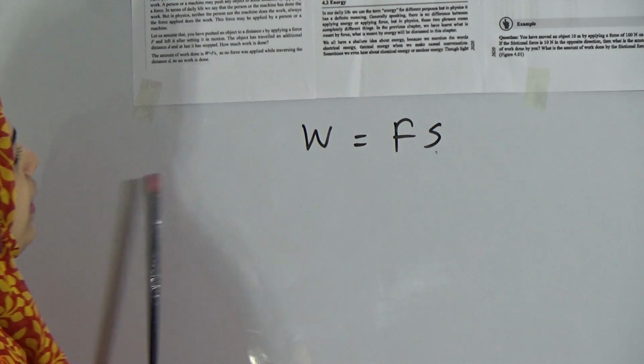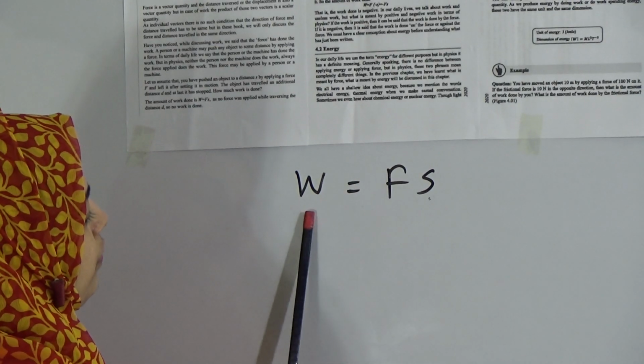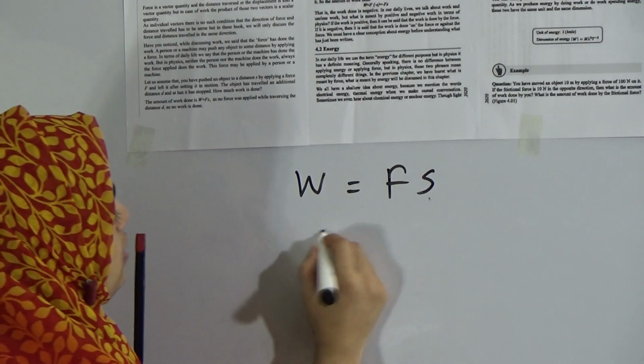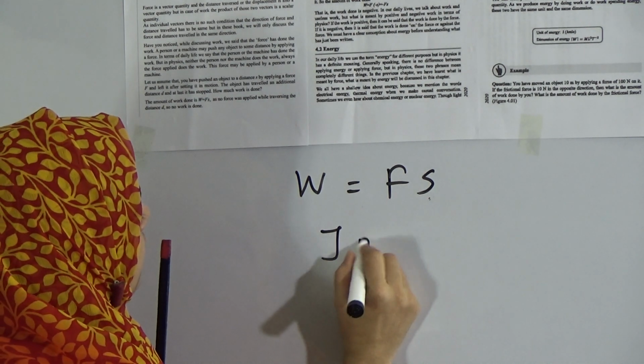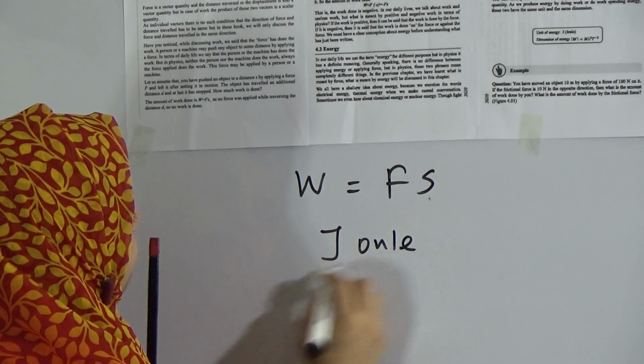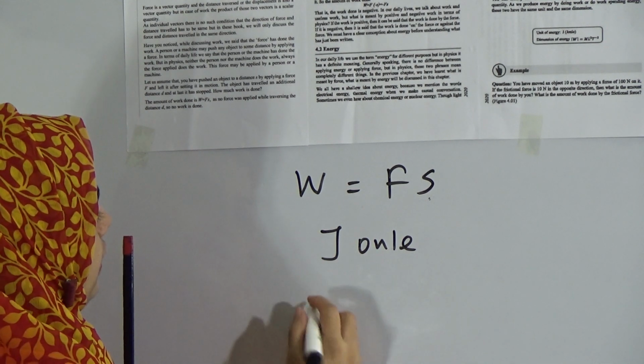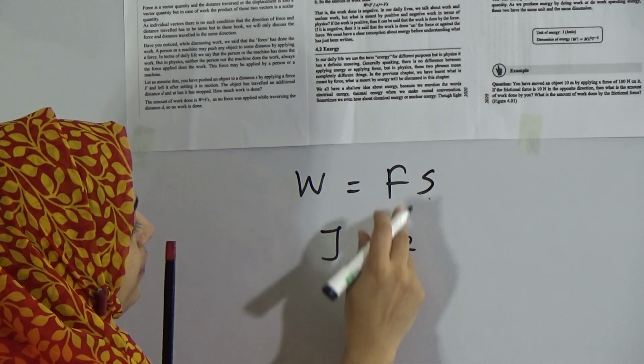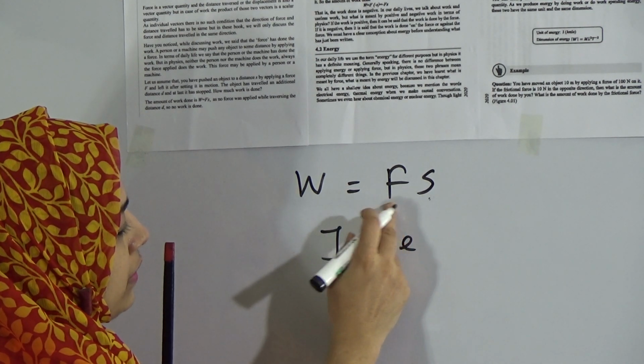Okay, so now see the work. The unit of work is joule. The dimension of work is from W equals Fs. From here we can write the force.